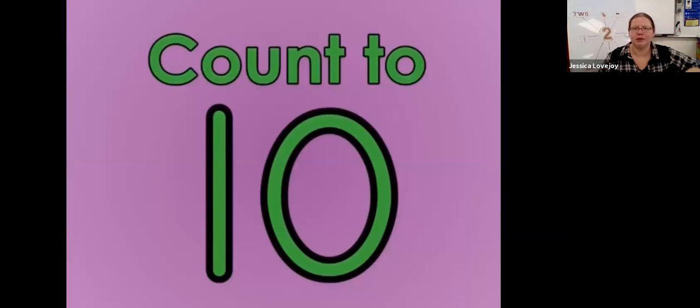Hold one hand up, that's 5 fingers. Hold 2 hands up, that's 10 fingers. 10, 10, count to 10. Count to 10 with our friends. Count to 10 with our cowboy friends.